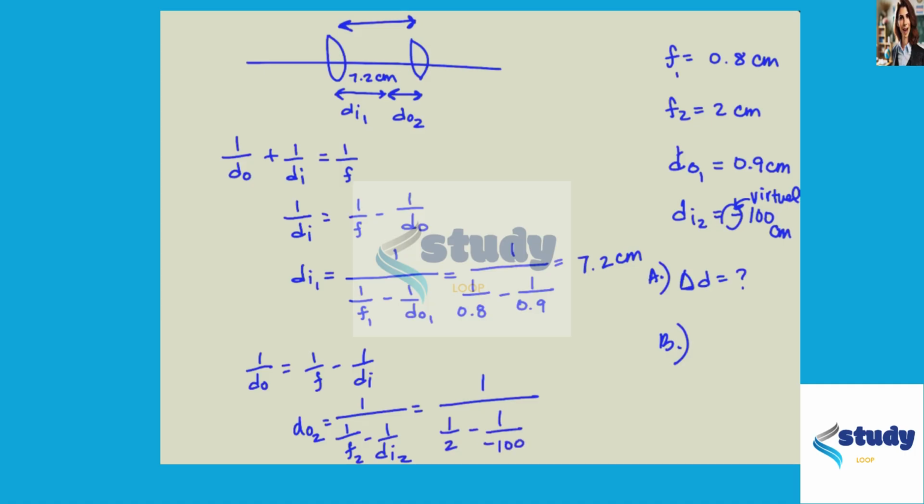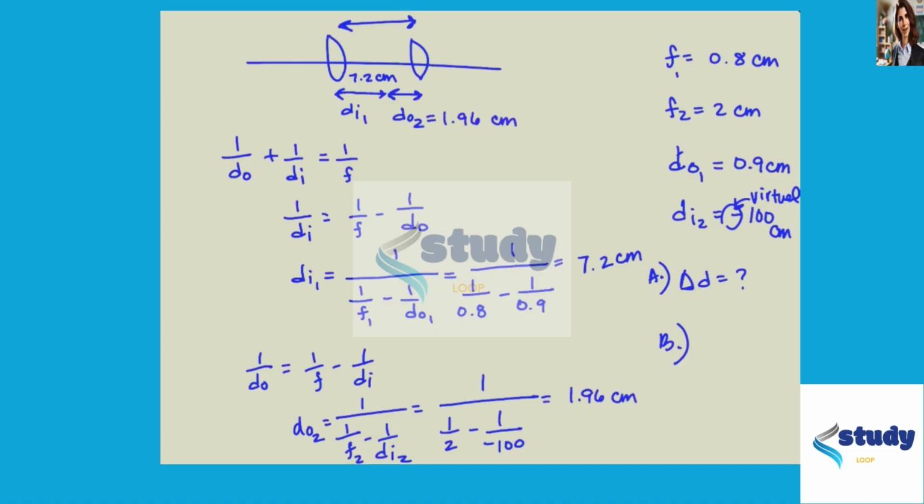So that's 1 over 2 minus negative 1 over 100. Inverting that gets you an object distance of 1.96 centimeters. So this distance is 1.96 centimeters.